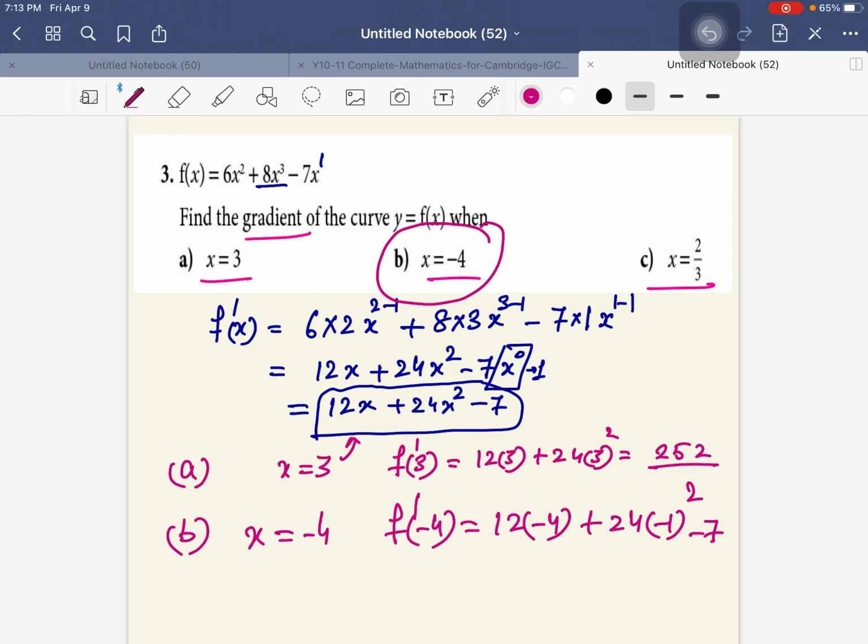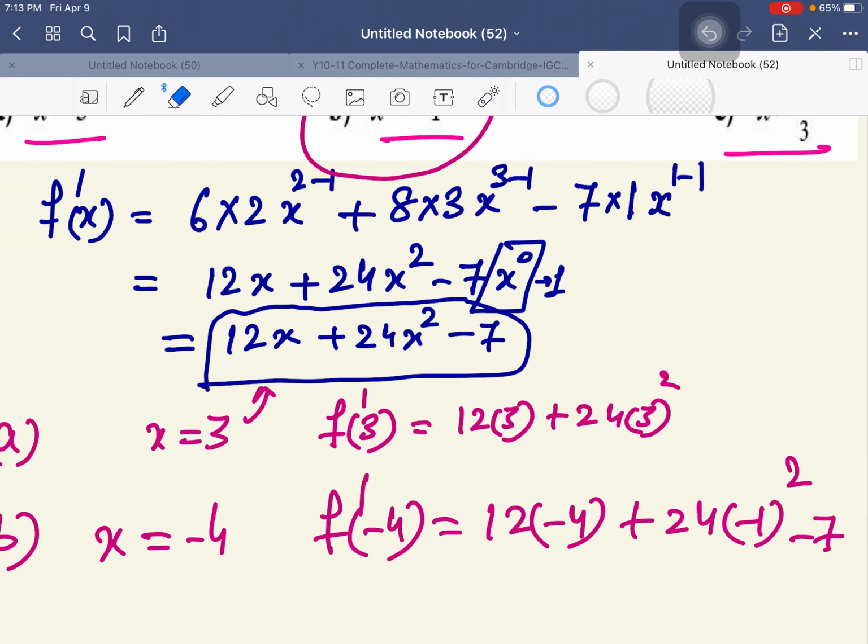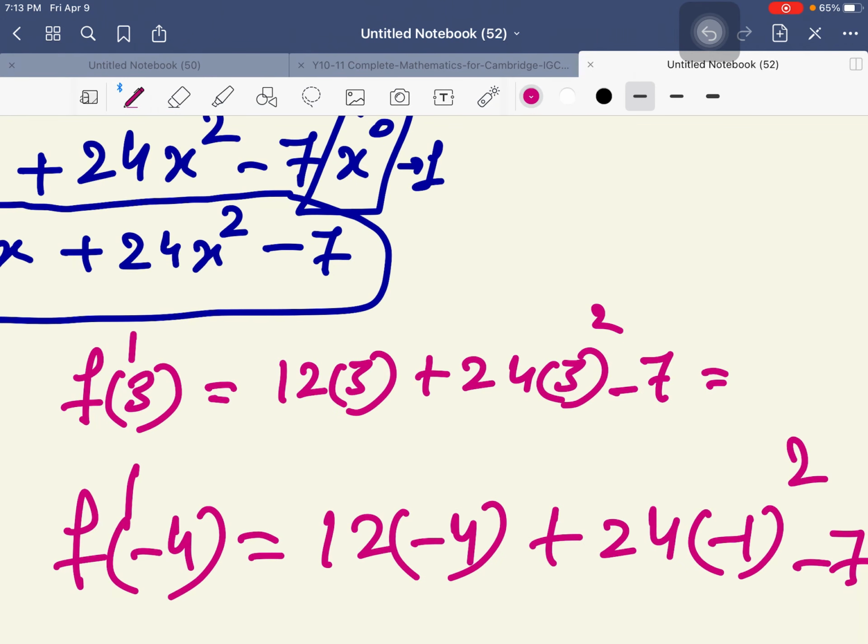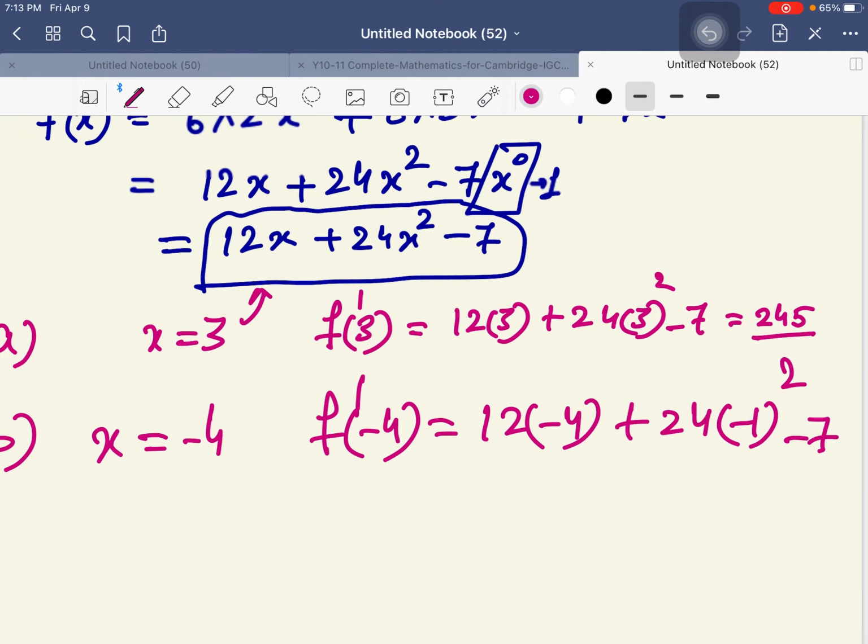So basically in the previous question I forgot to write that negative 7. So let's check again now. 12 times 3 plus 24 into 3 squared minus 7. So it must be 245. That's the answer to the first part.